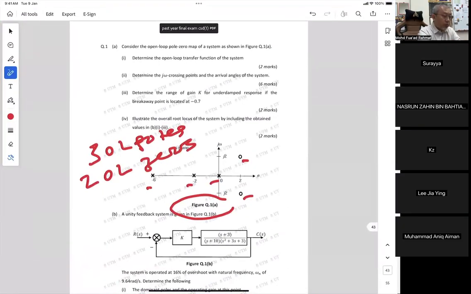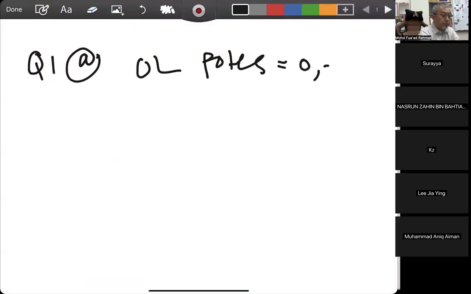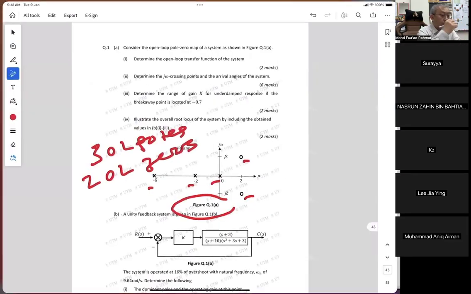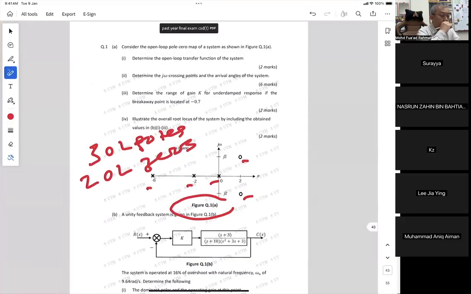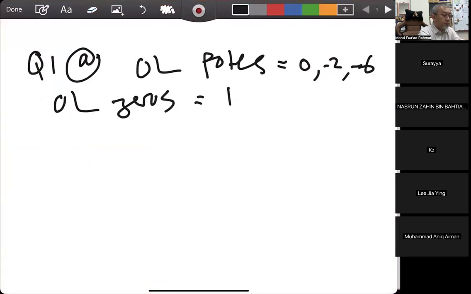So the open loop poles are 0, minus 2, minus 6. Open loop zeros: 2 plus minus j2. Okay.